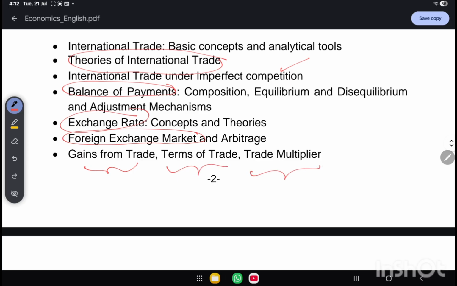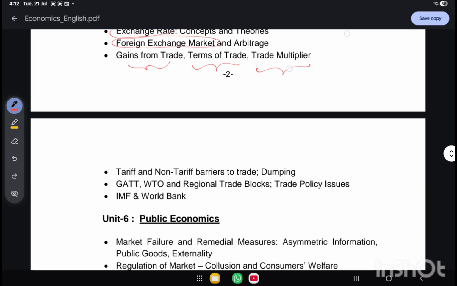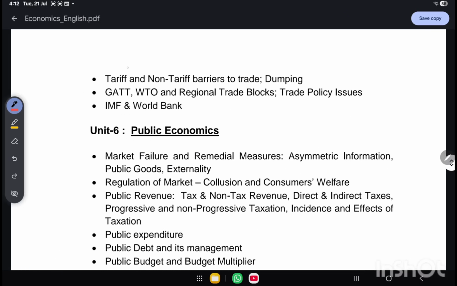These are important key terminologies you're going to learn in detail in Unit 5. Related to tariffs, like taxes on imports, non-tariff barriers to trade, dumping, anti-dumping, and the international institutions, you're going to learn here.